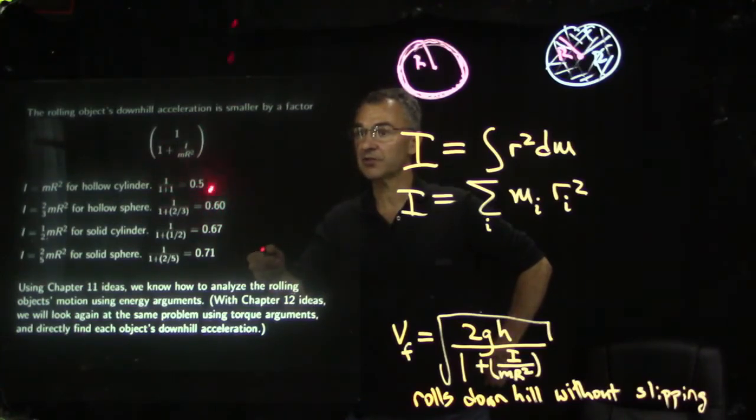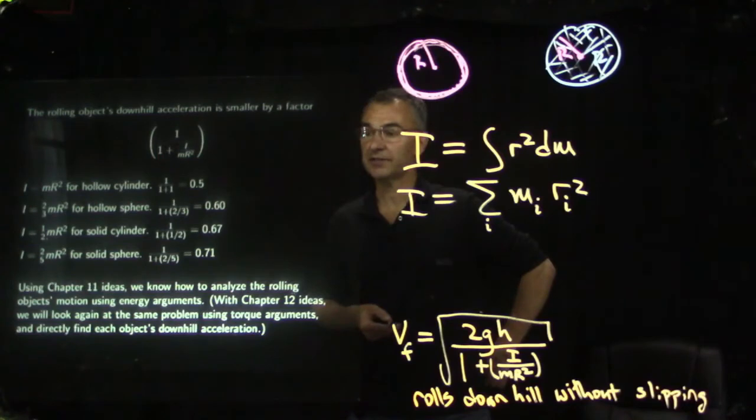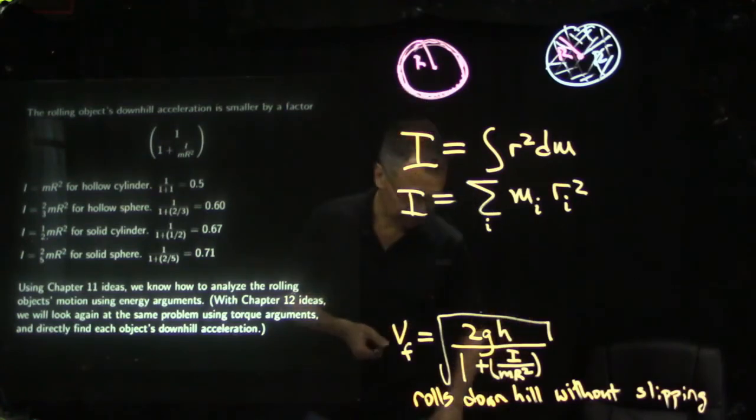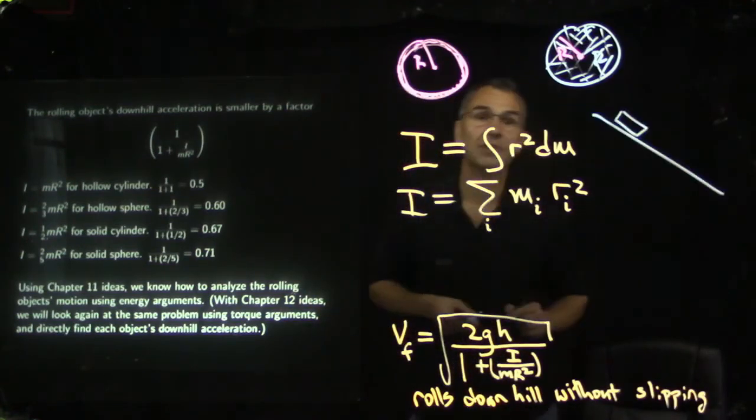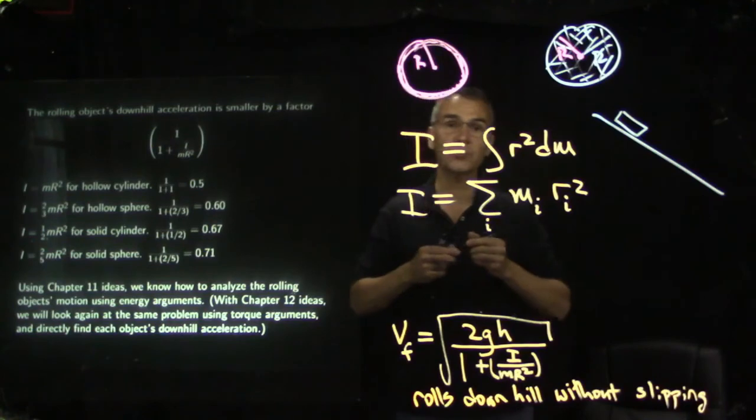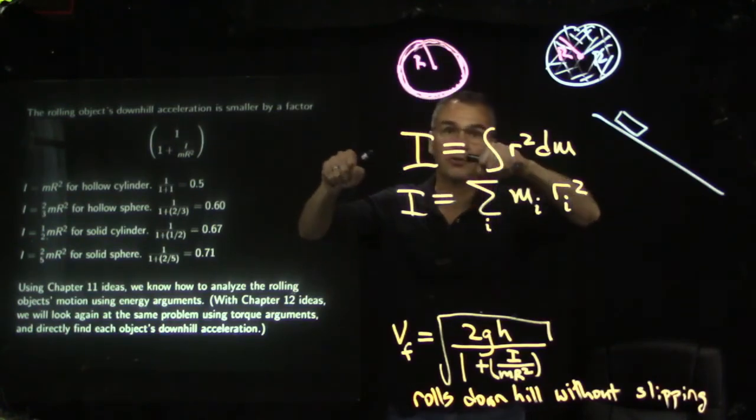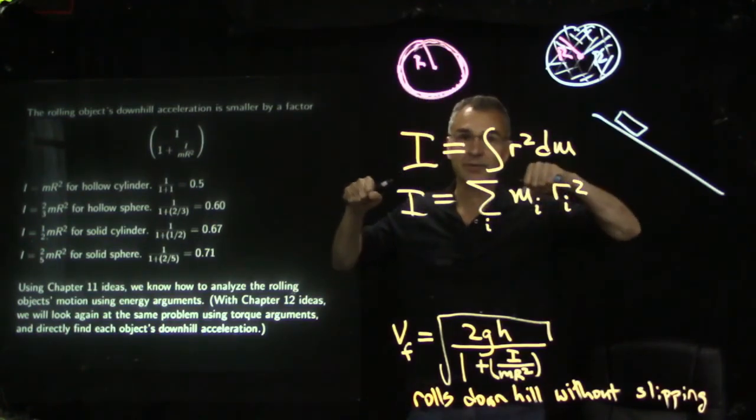And this factor is 1 for something that just translates. It just goes right down the hill without any friction and without rolling. It's just translating. Now, one way to get something to go down the hill as if it had no friction: imagine you want to move a big heavy box across the floor and you want to pretend it has no friction.